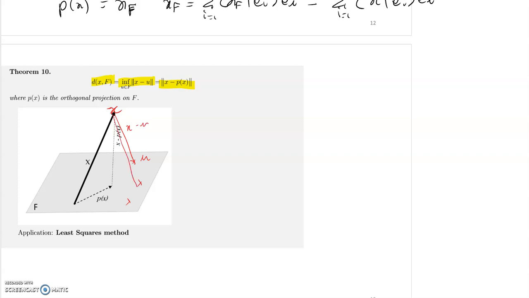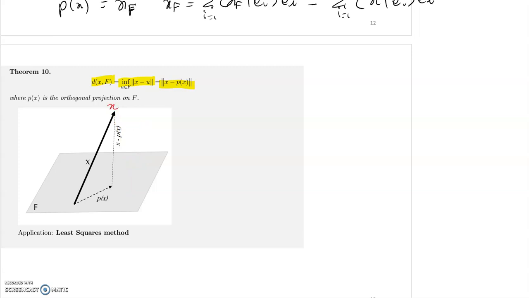X minus u could be here, could be here, okay? And you want to keep the u such that you get the smallest distance. Very naturally, this is going to be achieved by the orthogonal projection. Let me just clear a bit this drawing.